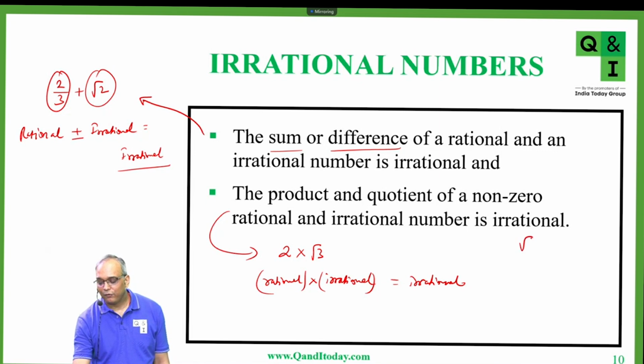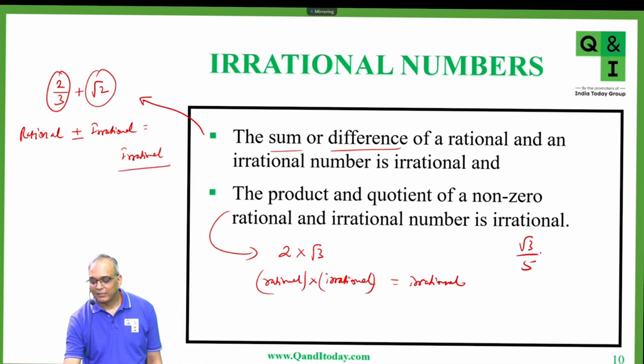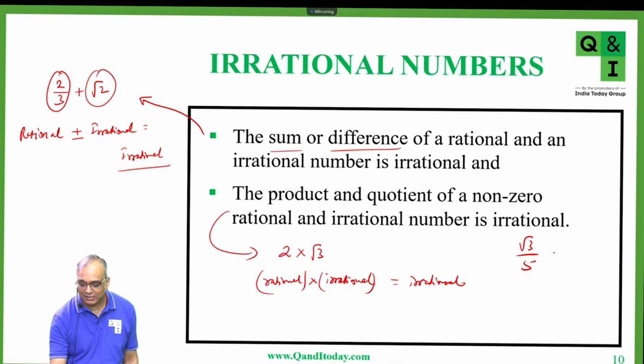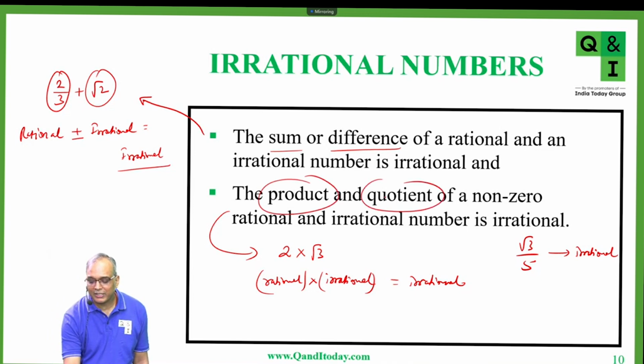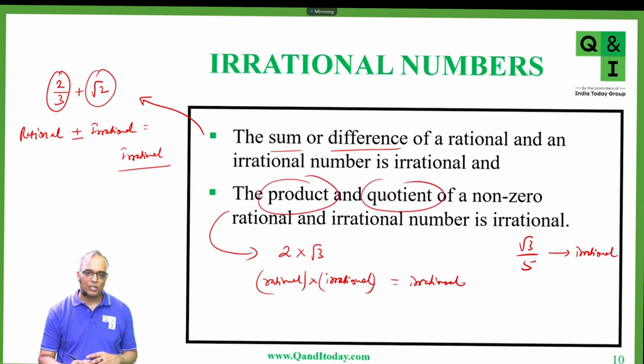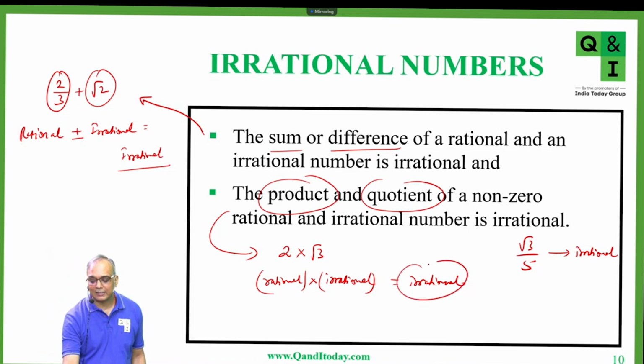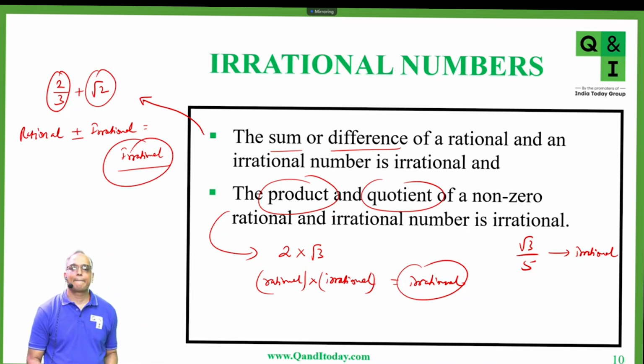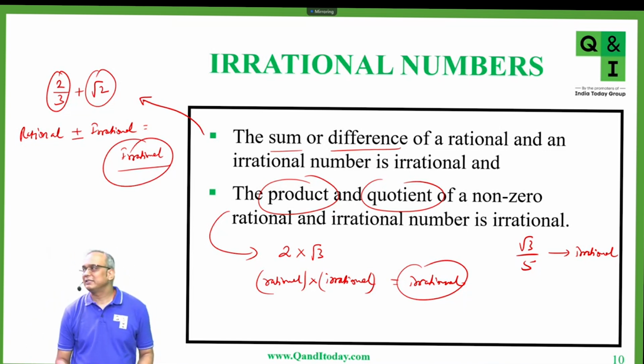Or if you have root 3 by 5, this is irrational divided by rational, so this again is an irrational number. So the product and quotient, or the sum and difference, of rational and irrational will always be irrational. Is it clear? Students, is it clear? You have understood this?